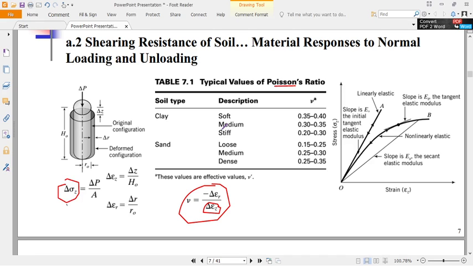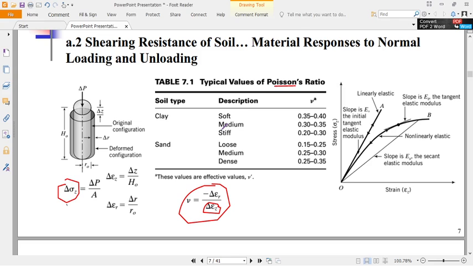But soil normally does not behave like this. A soil normally behaves as a nonlinear elastic. What does that mean? When you load the soil with the same increment of a force, change in P, but when you unload, it doesn't follow the same path. It goes back to the original.